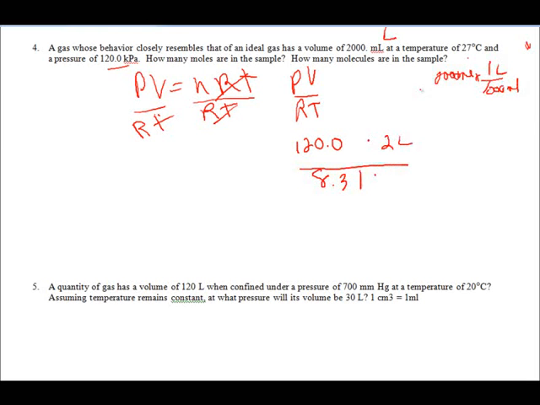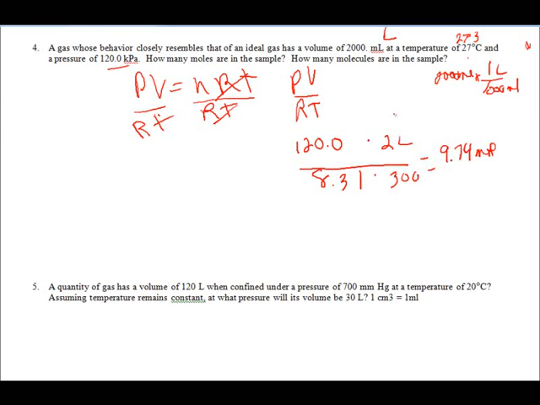And T, my temperature is 27. If I add 273 to that, I'm going to get 300. So I do all this, and I multiply it out, and I end up with 9.74 moles.